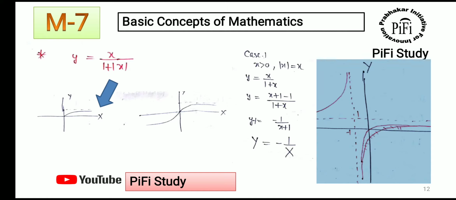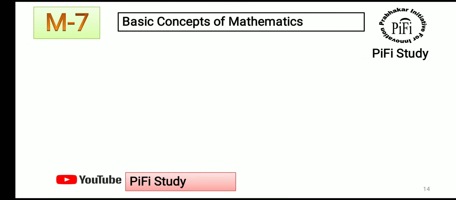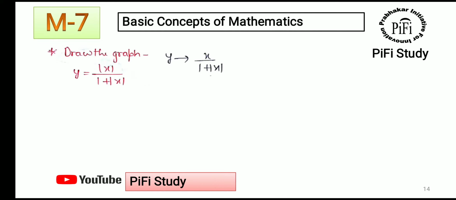Right, from the blue arrow, this is the plot for y is equal to x upon 1 plus mod x. So once you draw this plot, you can draw it easily. For this plot, you draw y is equal to x upon 1 plus mod x. You have drawn it like this.